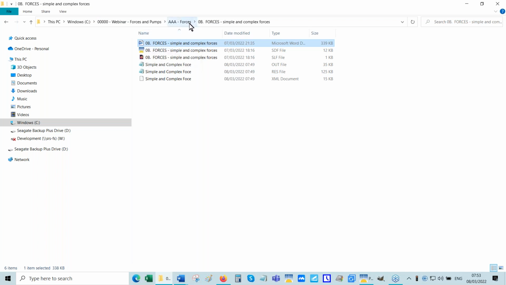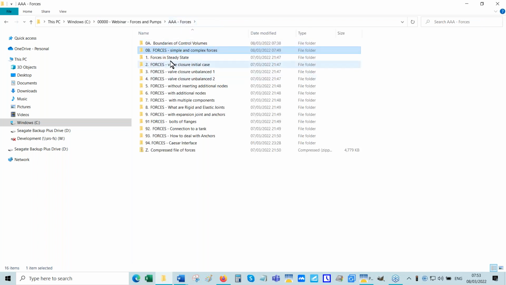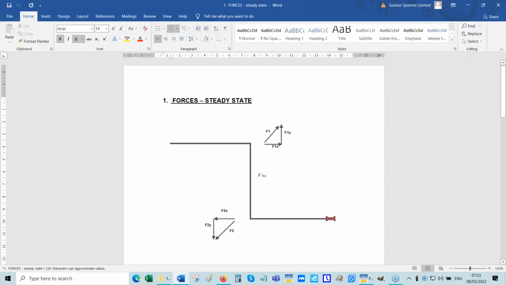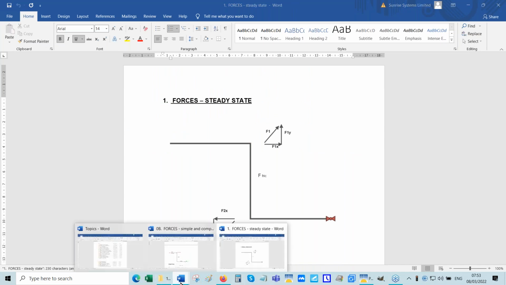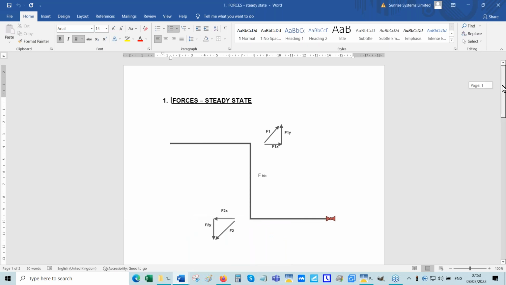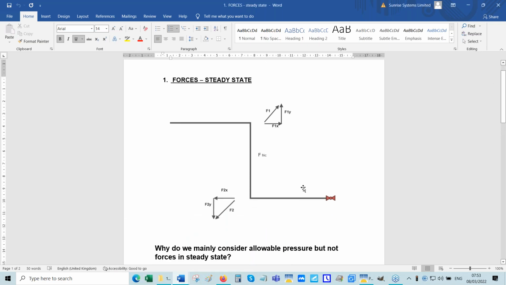So let's go on to the next topic, which is forces in steady state. Let me close these documents. Okay. It's the same system I'm considering.